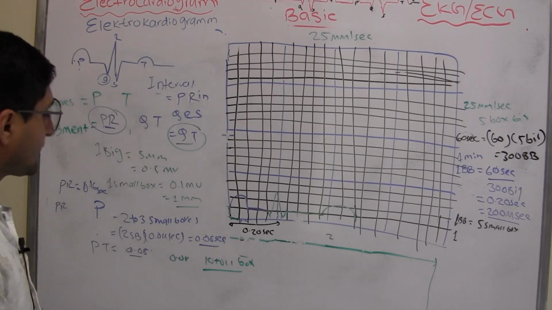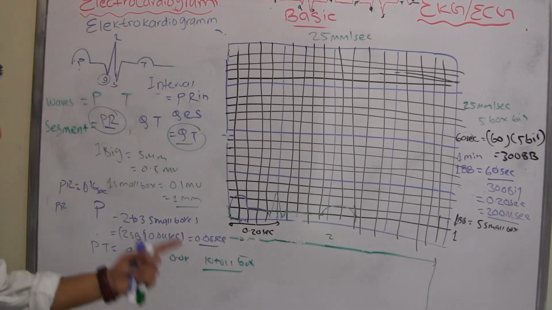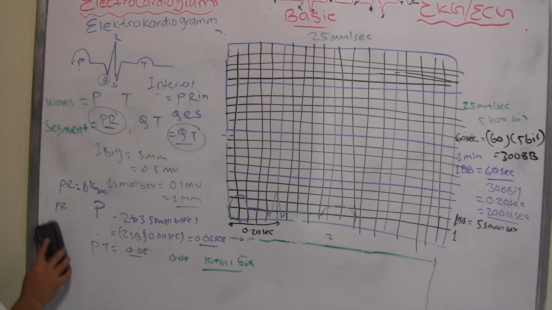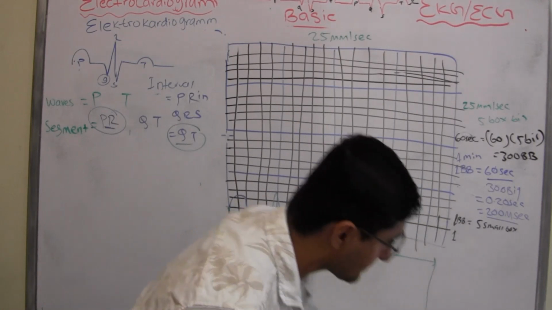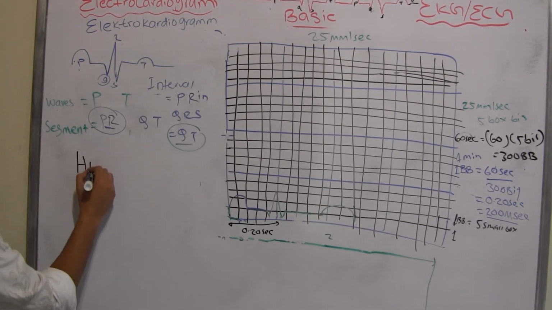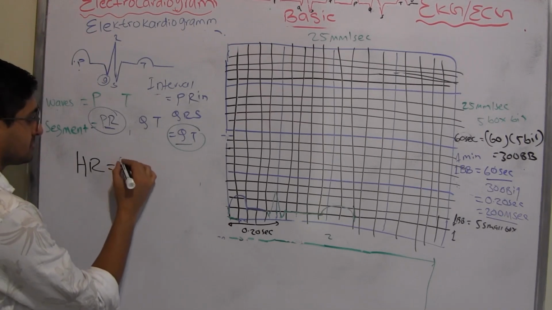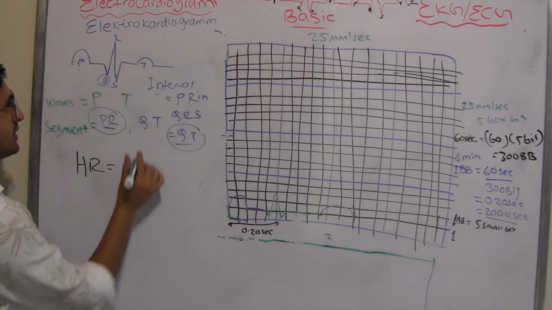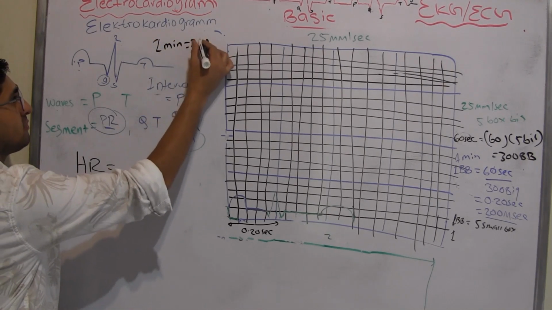Oftentimes I hear the question, how do you calculate your heart rate based on the ECG? So let's quickly talk about this. The whole concept is that your heart rate is basically equal to the number of, look, in 1 minute, or 60 seconds, 300 big boxes pass.